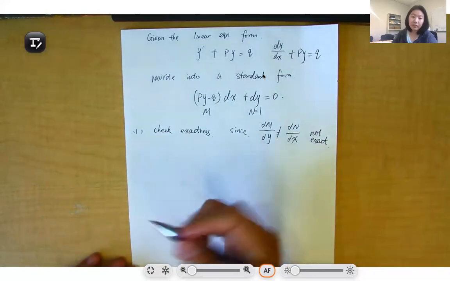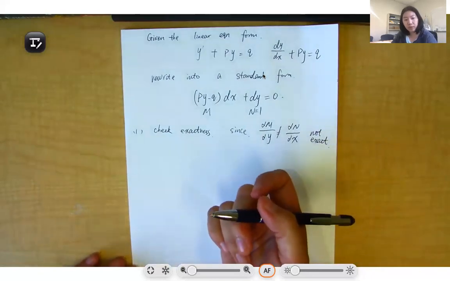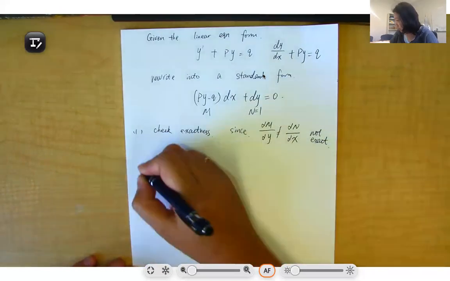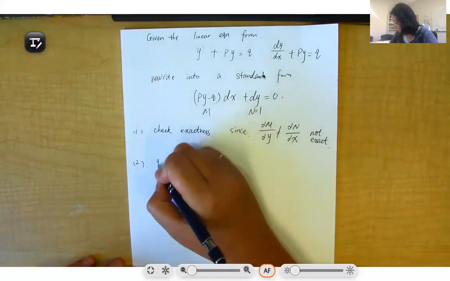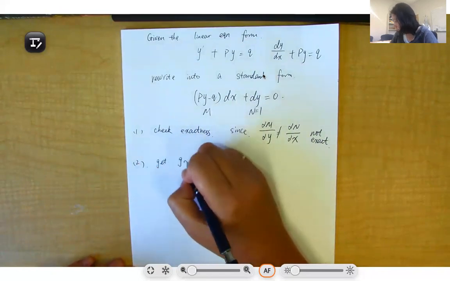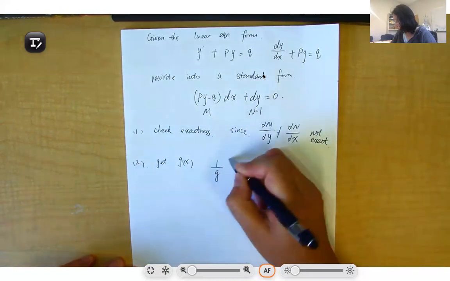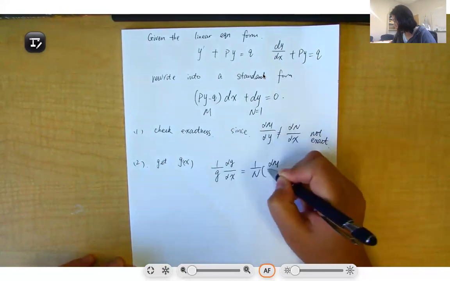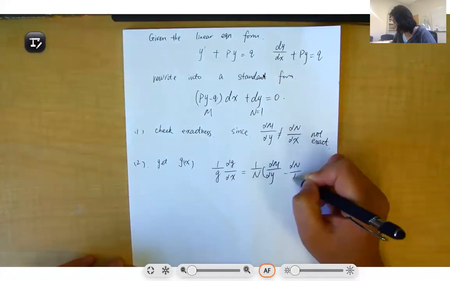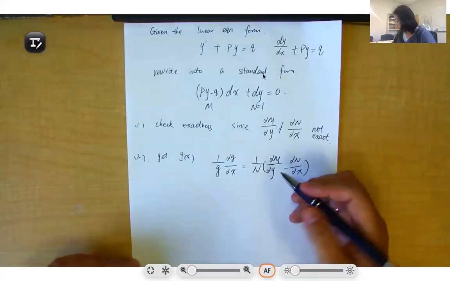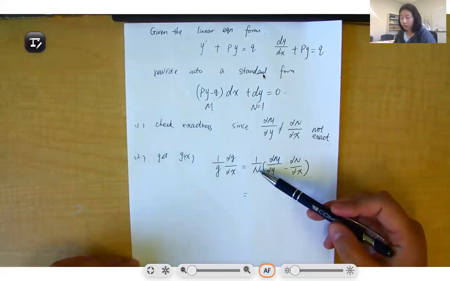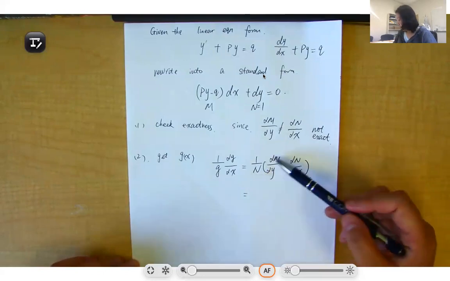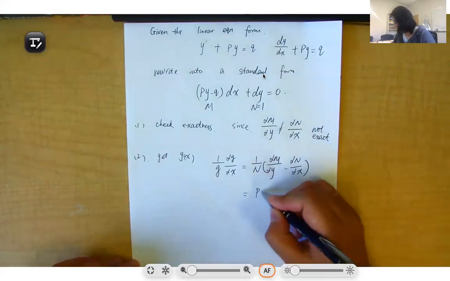And then if this is not exact, can we use the integrating factor g(x) to make such an equation exact? So the second part, we are trying to get the integrating factor g(x). So it's 1 over g dg over dx equals 1 over N times (dM over dy minus dN over dx). Okay, and you know N is equal to 1, so dN over dx will be equal to 0, 1 over N will be 1. dM over dy will be equal to p(x).